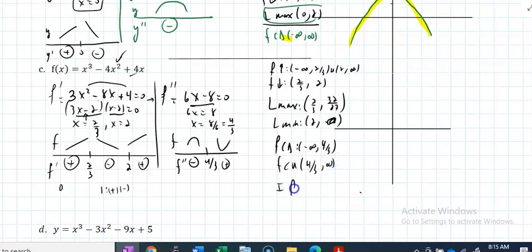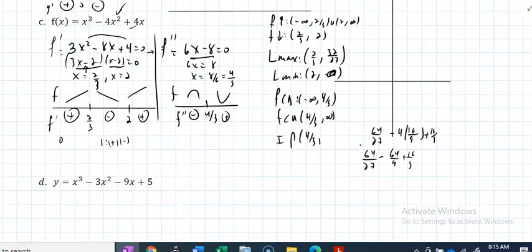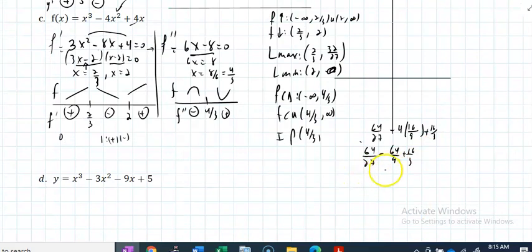We have an inflection point at 4/3, and again, use your calculator to plug this into the original. That's 64 over 27 minus 4 times 16 over 9 plus 16/3. So that is 64 over 27 minus 64 over 9 plus 16 over 3. That is 3 times 3 times, wow.